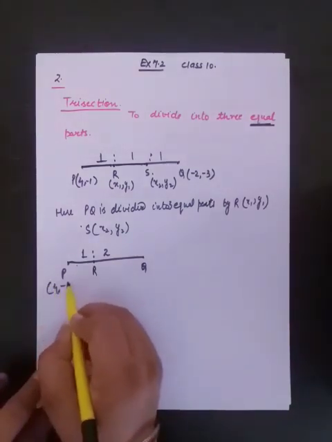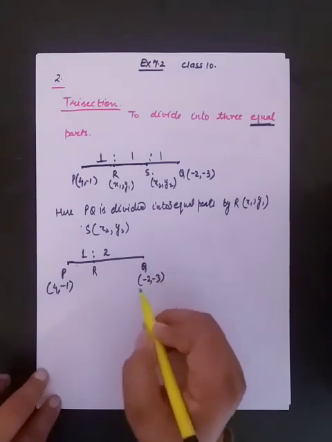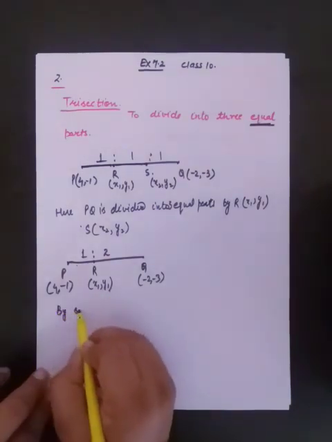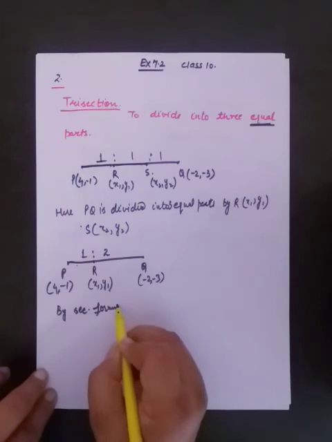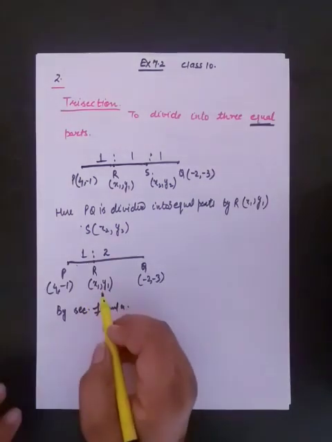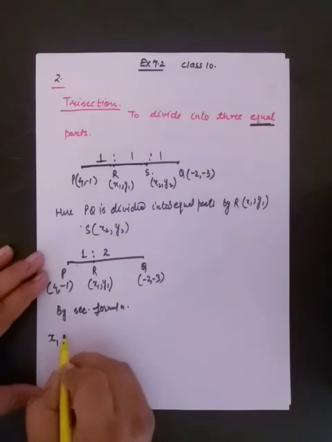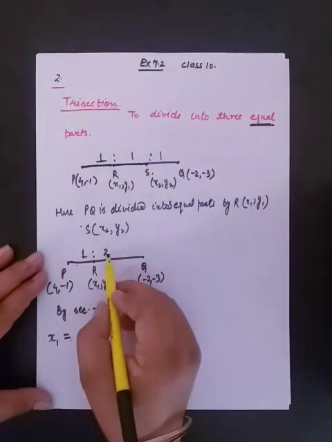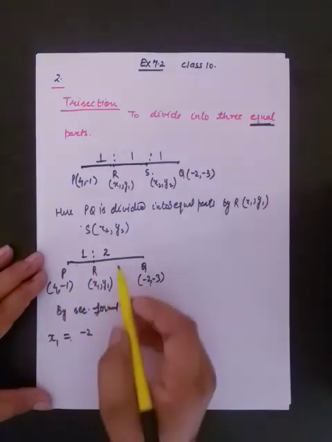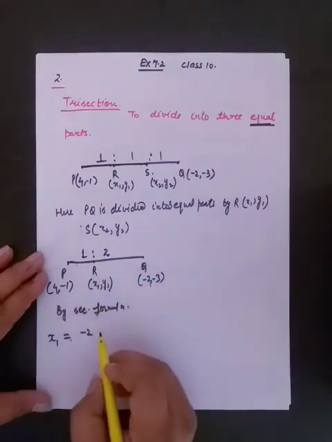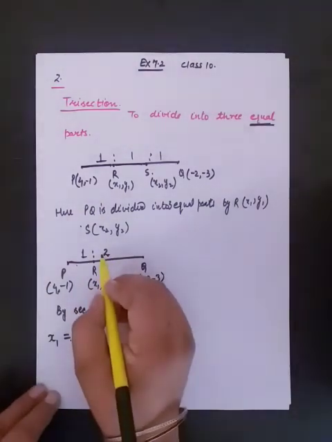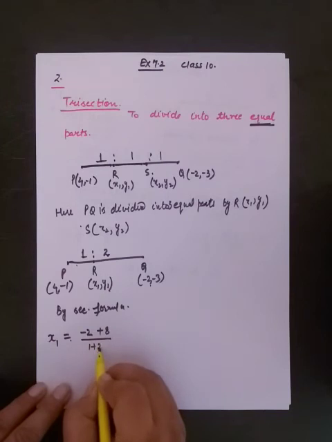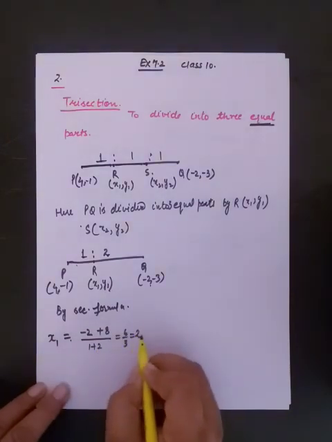P is (4, -1), Q is (-2, -3), and the coordinates of R are (x1, y1). So by section formula, we can find the abscissa of point R. Its abscissa x1 will be equal to first ratio times second abscissa, -2, plus second ratio times first abscissa, that is 1 into -2 plus 2 into 4, which is 8, divided by the sum of the ratio, 1 plus 2, and we get 6/3, which is equal to 2.